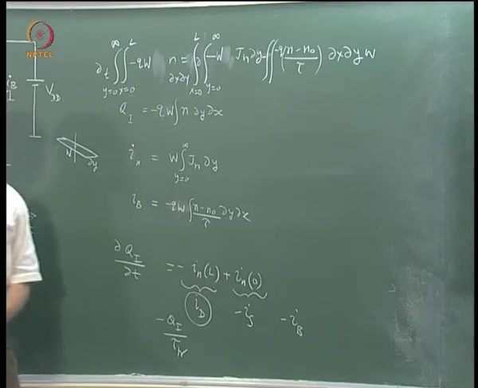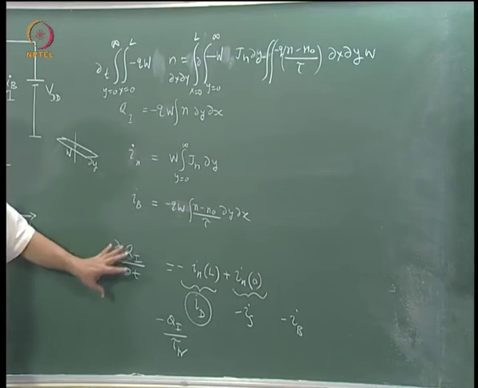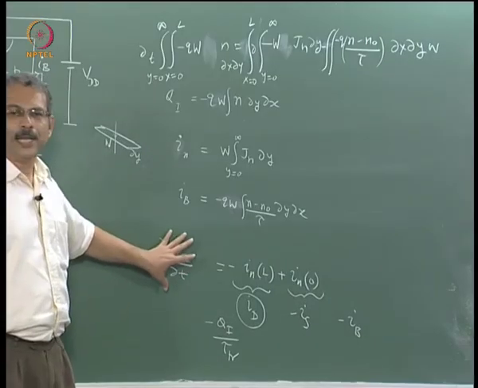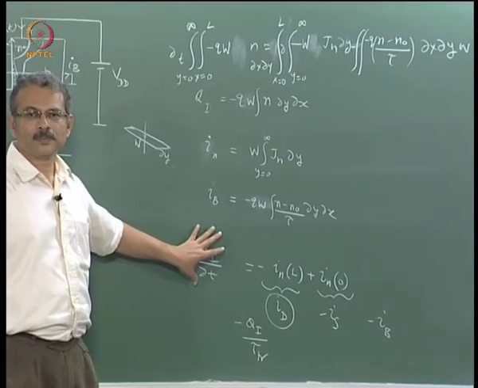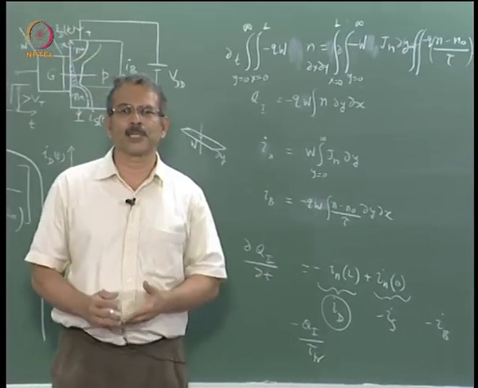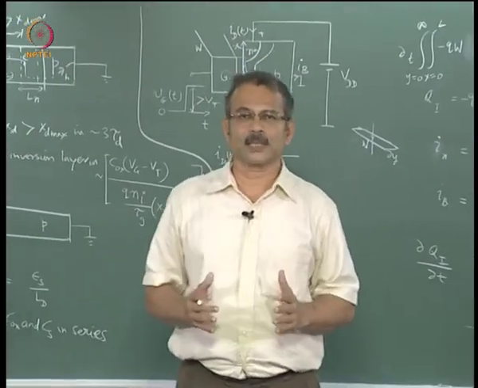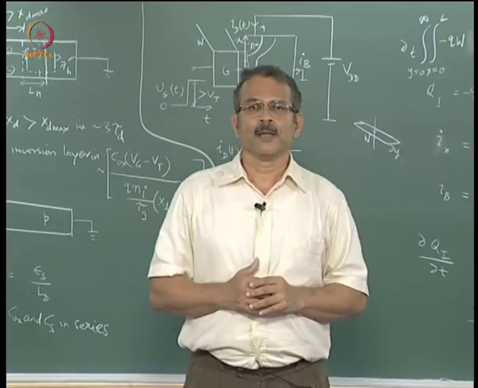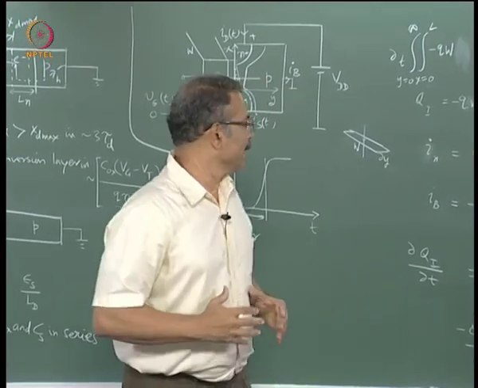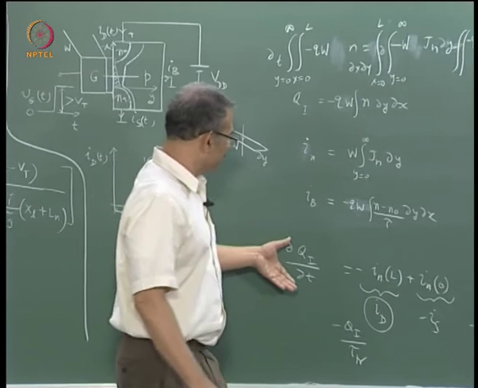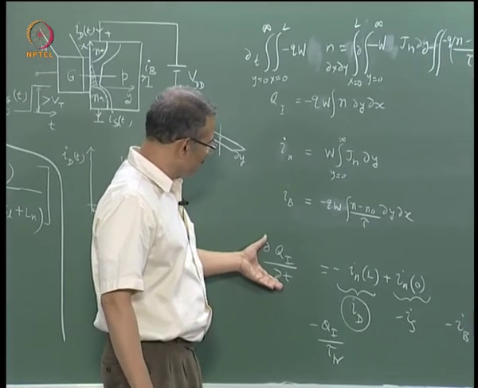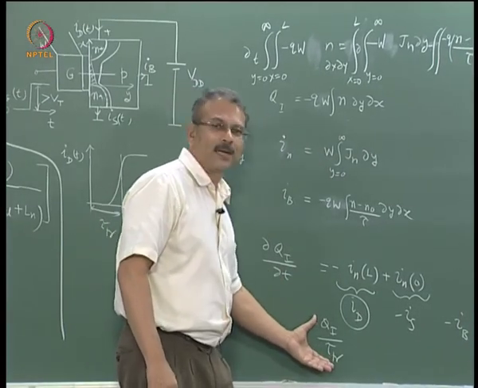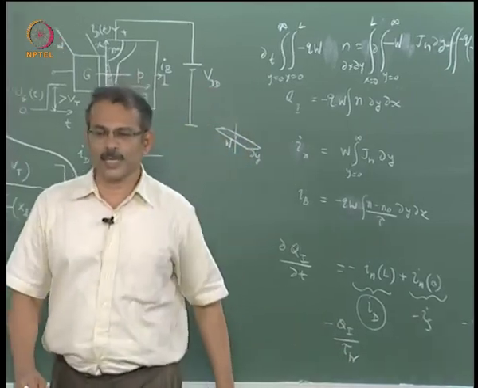This kind of approximation you can do if your ∂Qi/∂t is small, that is the so-called quasi-static approximation in the context of MOSFETs, a very important approximation. You can see from here that this approximation can be done if this term turns out to be much less than the magnitude of Qi by transit time. So that is what is shown here.